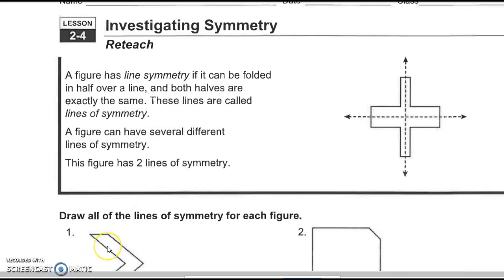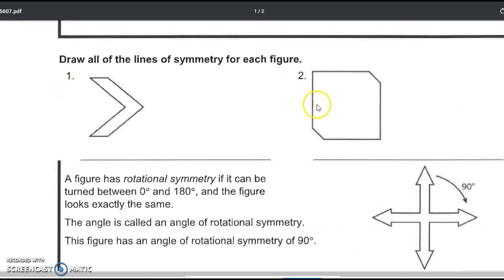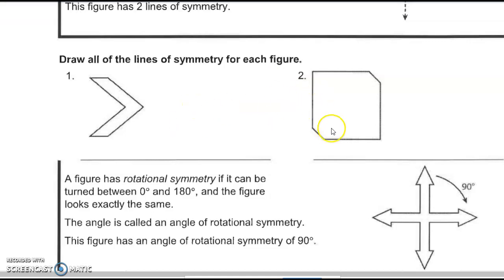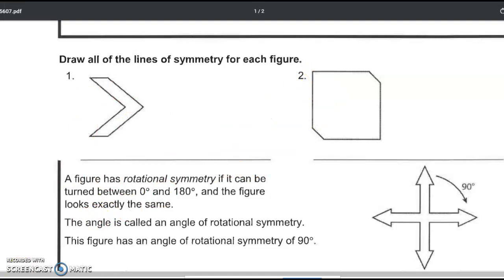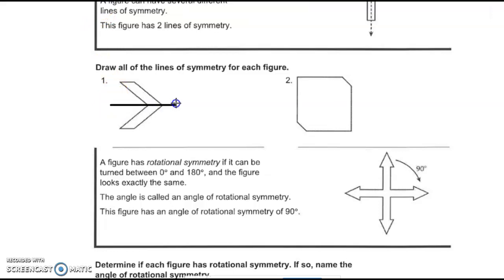So what I want you to do now, looking at number 1 and 2, is draw all the lines of symmetry for each of those 2 figures. What are all the lines of symmetry for these 2? Right here, correct?